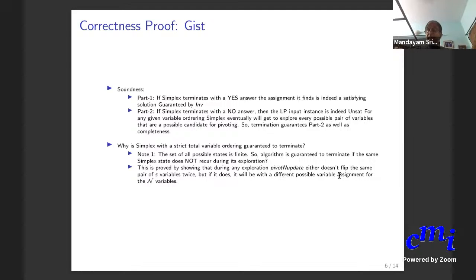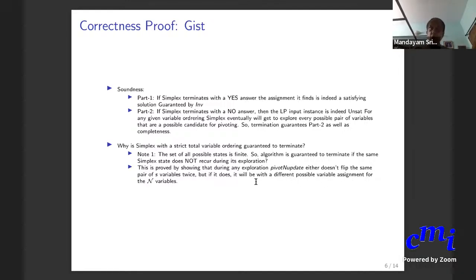Because the variable assignment is also part of the state. And for any given set of variables in the basic set and the non-basic set, the possible assignments that it explores is also finite.